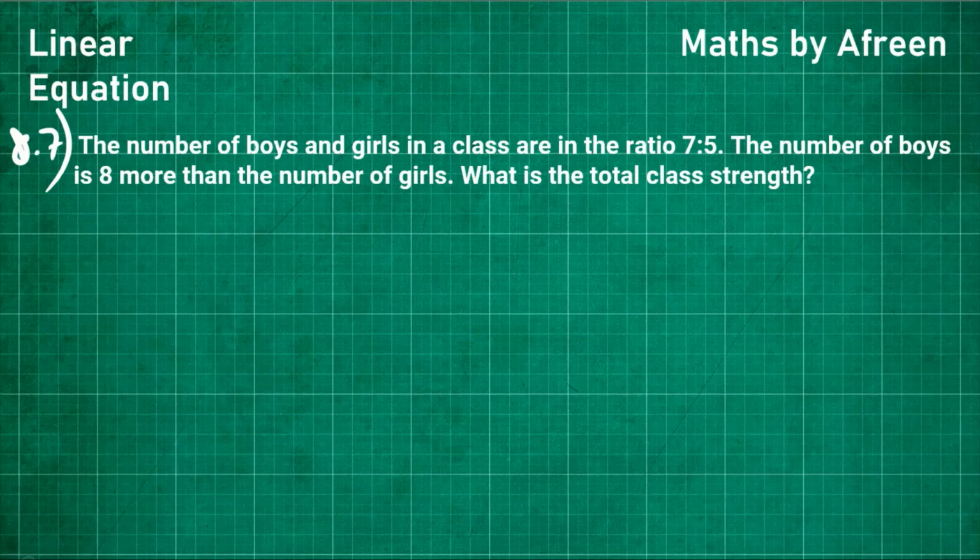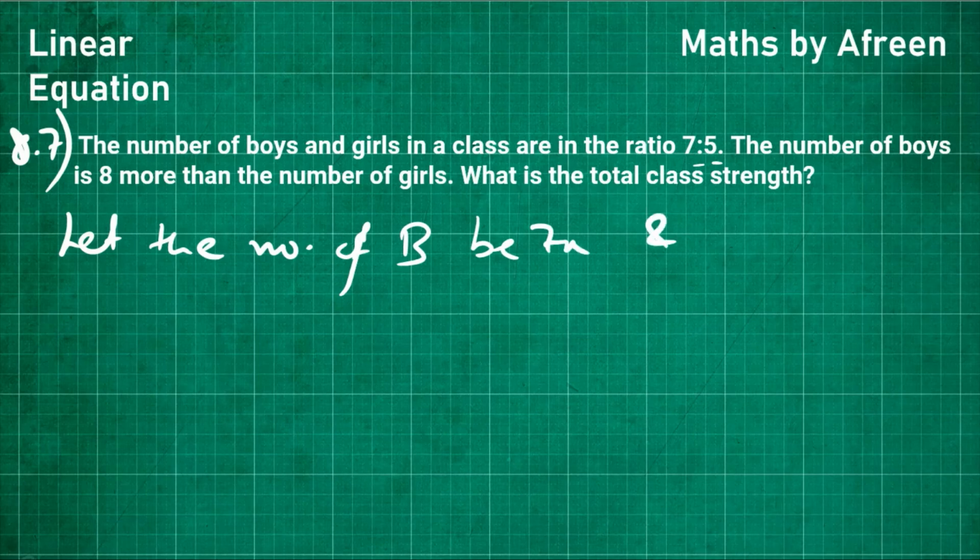Here again they have given the ratio, so again we will multiply this ratio by x, so we will get 7x and 5x. Let the number of boys be 7x and girls be 5x.